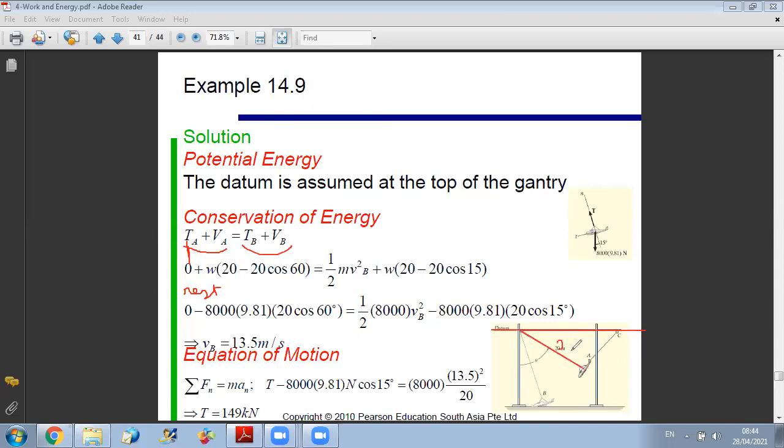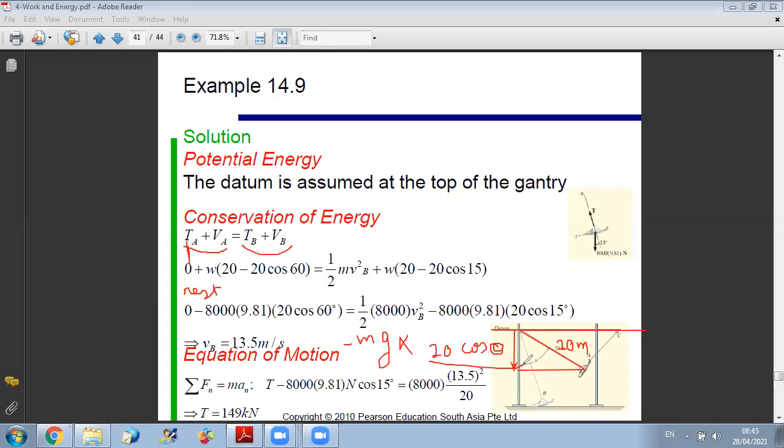So if you project the position of A, I am below the datum, and since I am below the datum, it's a negative potential, and the distance is 20 cosine 60. So since this distance is 20 cosine 60, my potential energy is minus mg times 20 cosine 60.